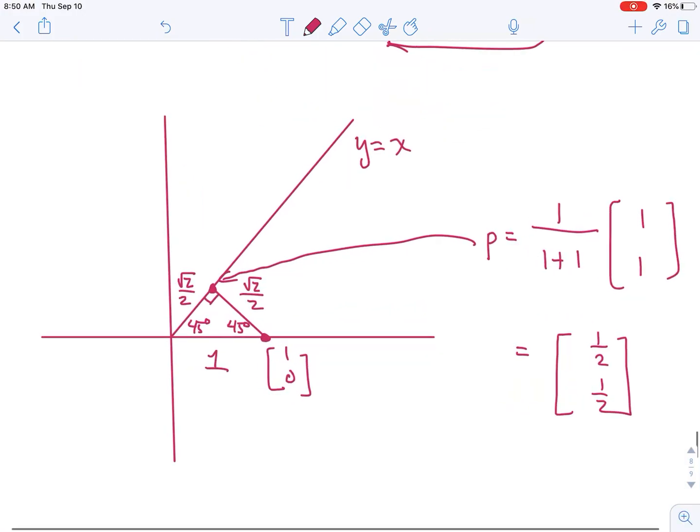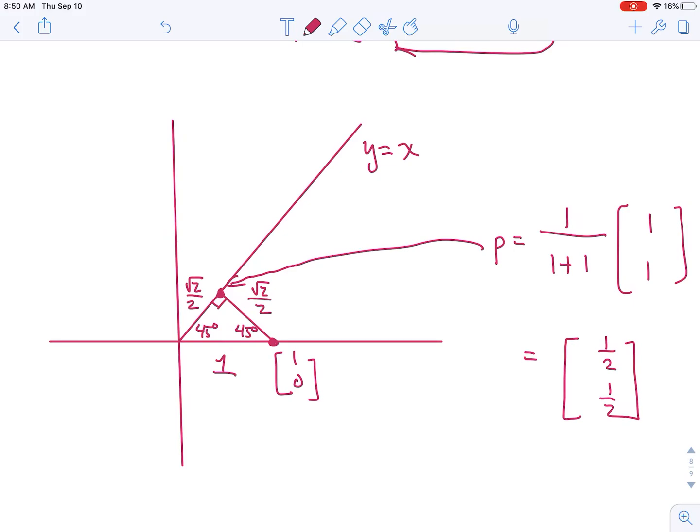And so now, I'll maybe leave this to you to think about. Is that right? If I have the point (1/2, 1/2), well, it's definitely on the line y equals x. And is it the right distance up that line? In other words, have I gone up the right amount? And I think I have. Because the distance from (0, 0) to (1/2, 1/2), I'm going to do the Pythagorean theorem, and I would exactly get that.